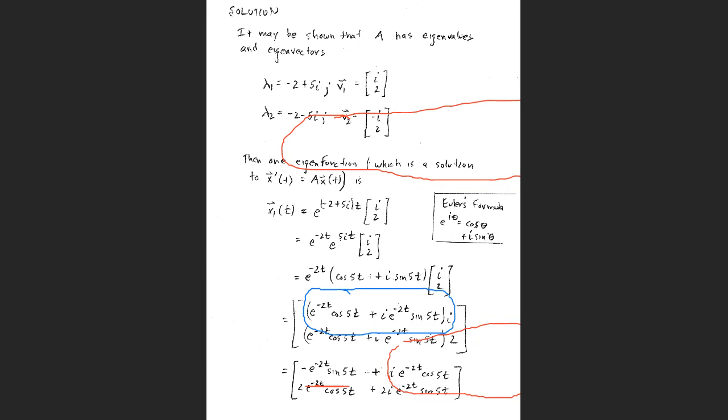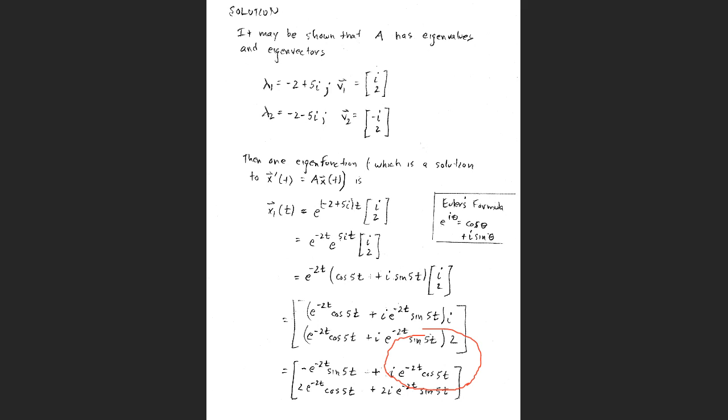So what I do is I take this here, which is equal to e to the -2t plus 5it, if I distribute the t.